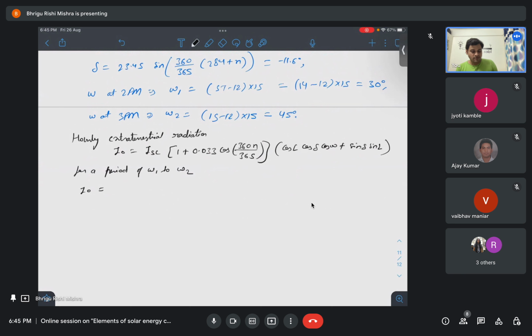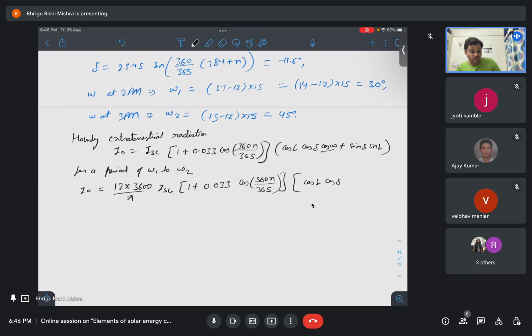So you can check that video again to just brush up your memories. So here I'll directly write the formula. So I naught will be 12 into 3600 by pi into ISC 1 plus 0.033 cos 360 n by 365 into cos L cos delta.